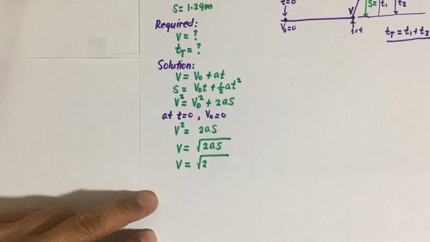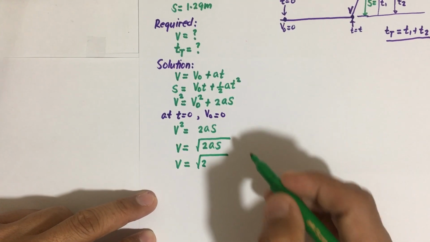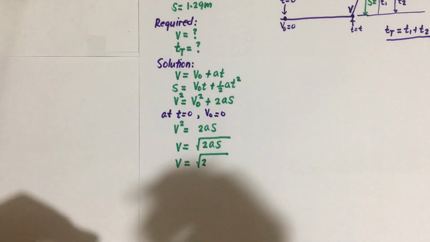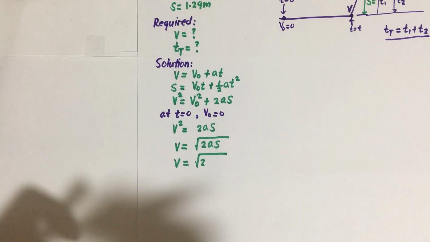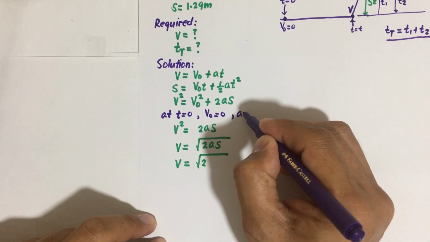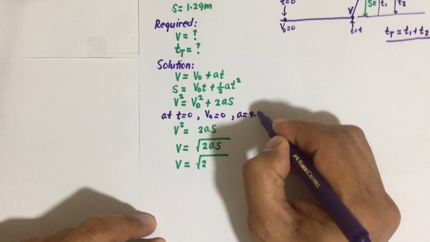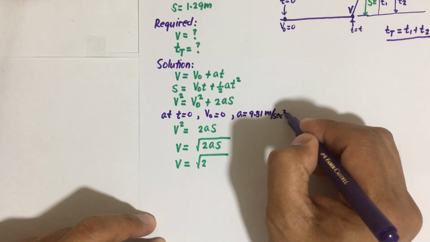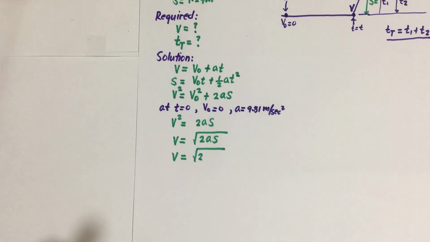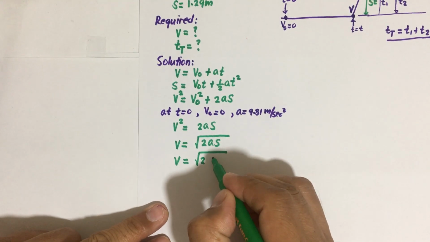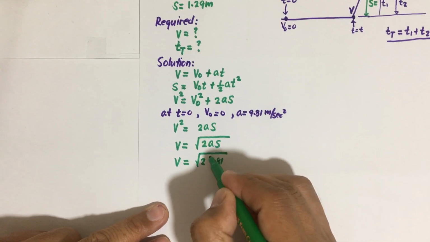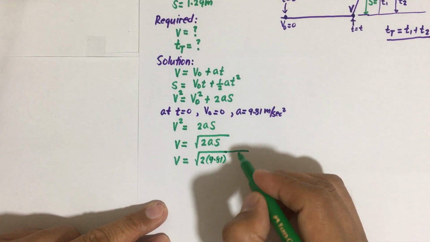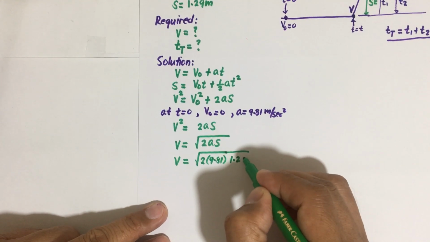So our acceleration here is the gravitational acceleration, and that is equal to 9.81 meters per second squared. We'll use that constant. So 2 times 9.81 multiplied by s, the displacement that is given as 1.29 meters.